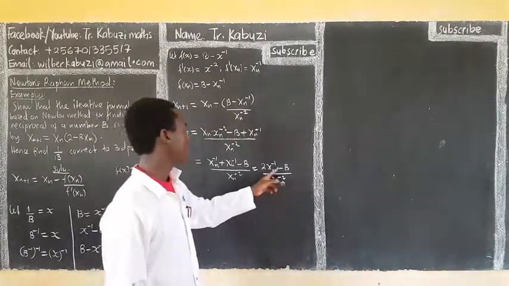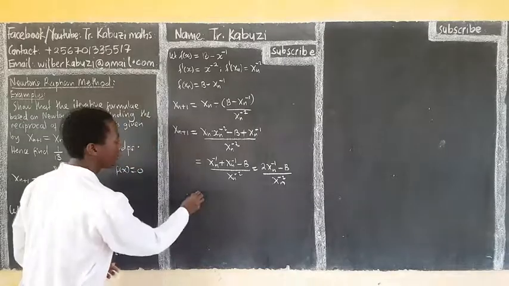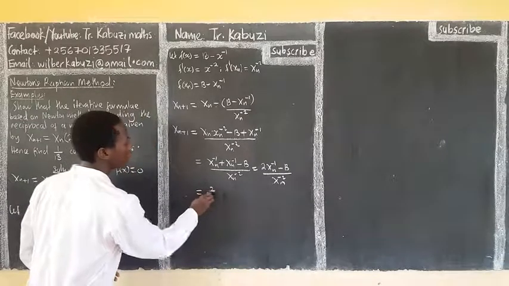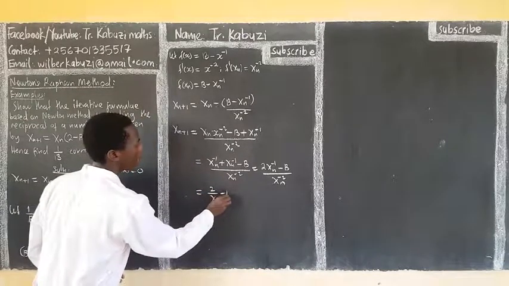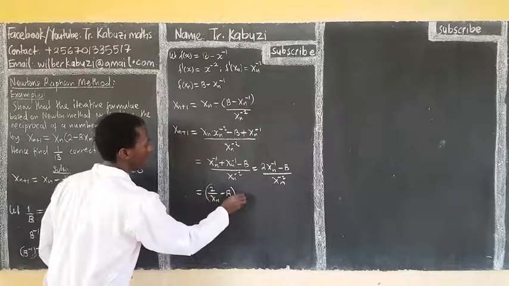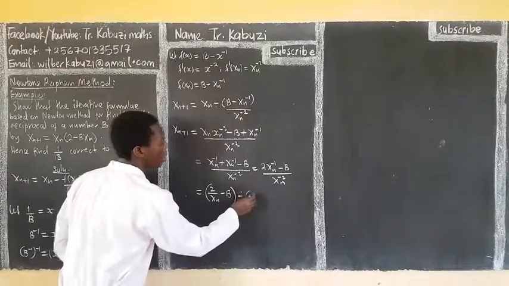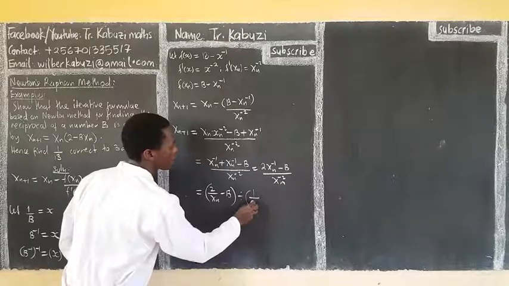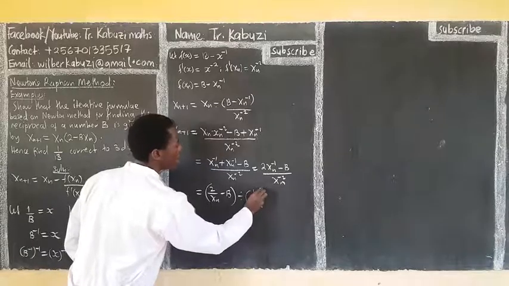And you see these are the same, so we have 2 xn power negative 1 minus b, the whole over xn power negative 2. So I can write this as 2 over xn minus b, divided by 1 over x squared n.